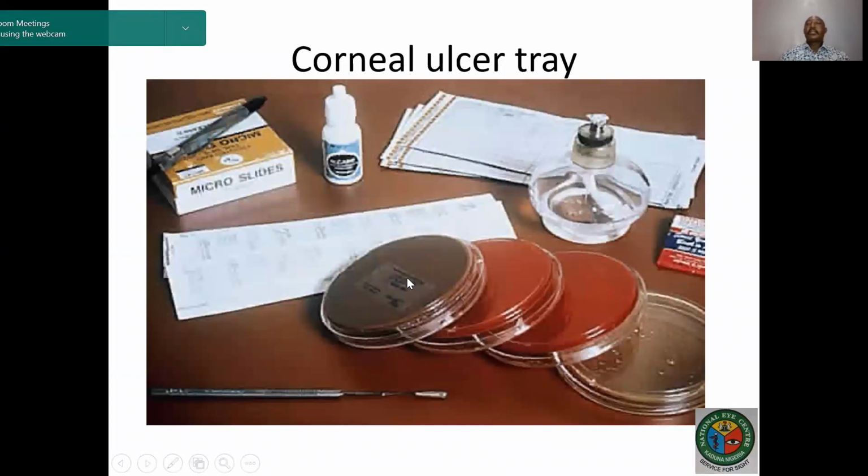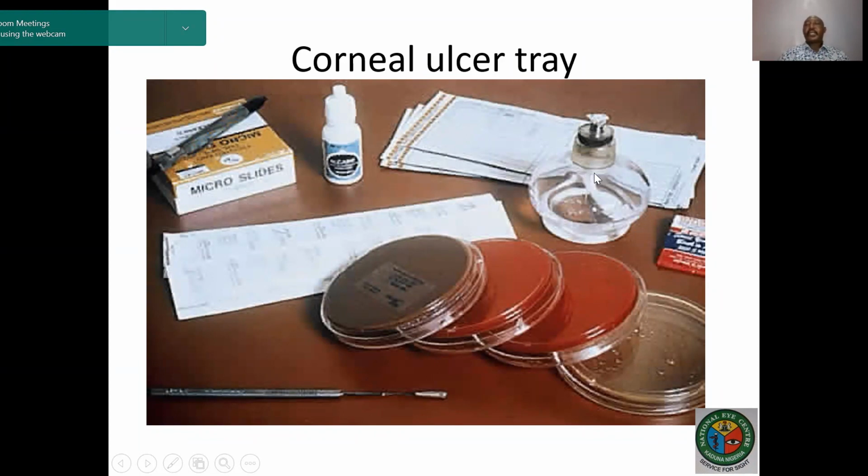In a typical corneal ulcer tray for culture, we're supposed to have a marker by which we mark the microslides for the direct microscopy. We also have a use of anesthetic agents, and most of the time we prefer a preservative-free anesthetic agent, either tetracaine or proparacaine, 0.05%.